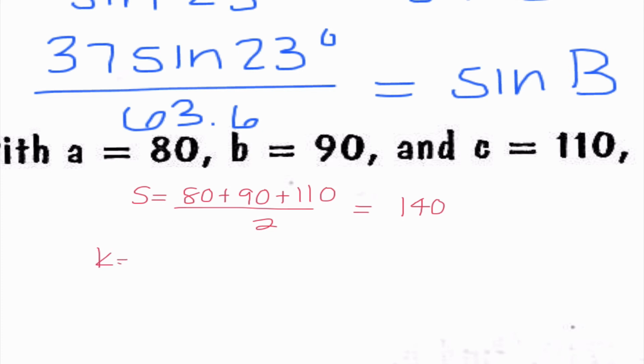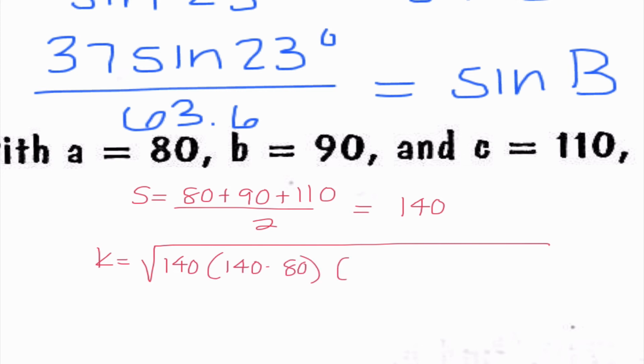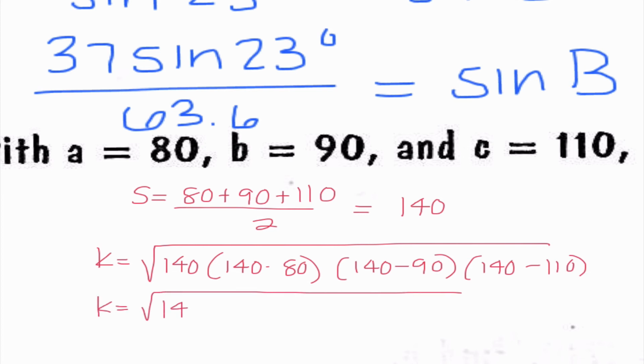So to find the area, it's going to be the square root of 140 times 140 minus 80 times 140 minus 90 times 140 minus 110. And I actually think it's easier if we do some of this work on our own. So I get 140 times 60 times 50 times 30.